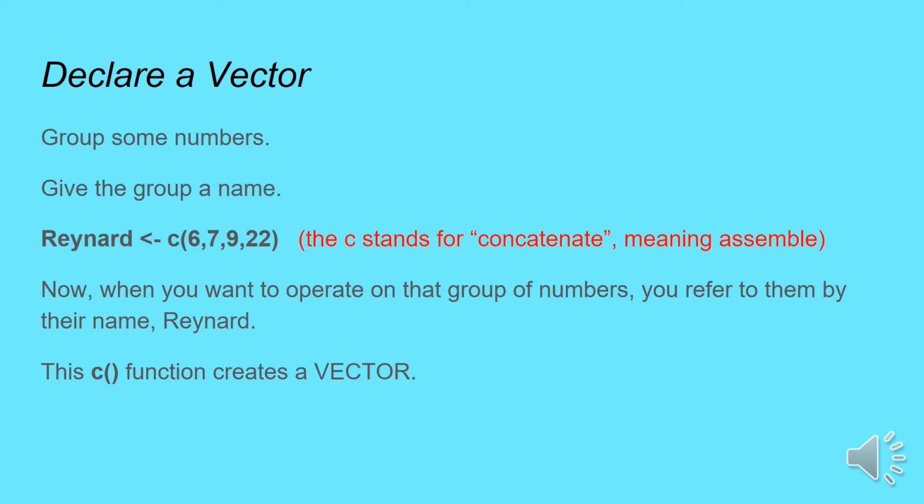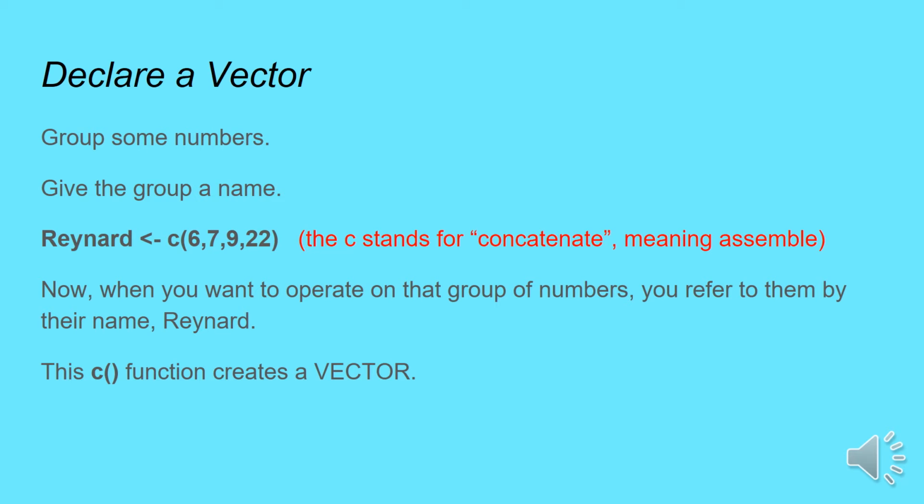So we're going to create a vector with the variable name Reynard, just like when we created a single value variable before, Hamlet, this one is going to be Reynard. But instead of a single value, we use the little C command for concatenate, and then a group of numbers each followed by commas.